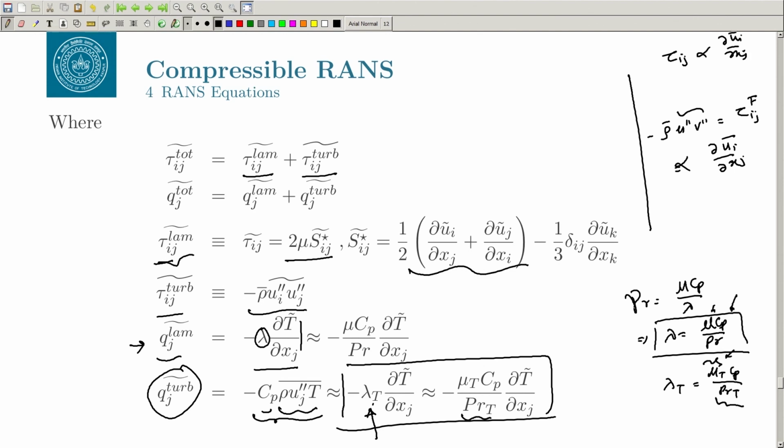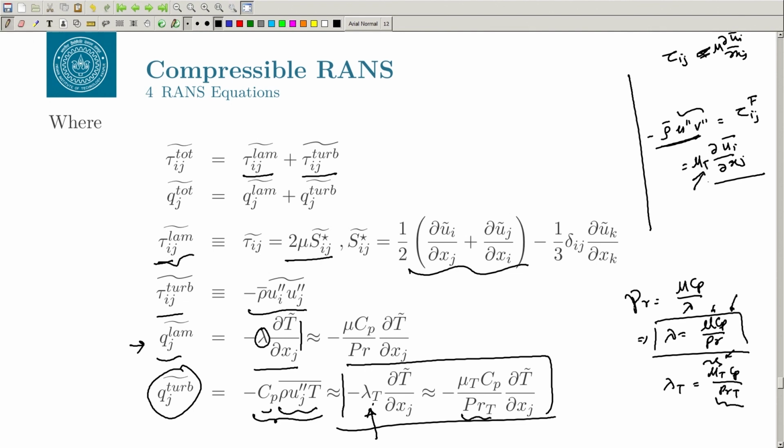Similarly, somehow we can relate the turbulent stress also to the velocity gradient. Okay, this is what is called the Boussinesq hypothesis, and here the proportionality constant was mu, the viscosity, and here we will coin a new term, which is called the eddy viscosity, mu T.